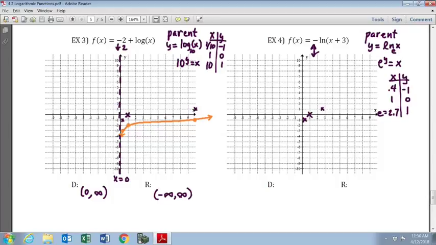So I think I need to fix this. Hold on just a second here. The +3 there is going to cause us to go left 3. I need to fix this though. I need to erase this stuff here. Let me go back and do that.